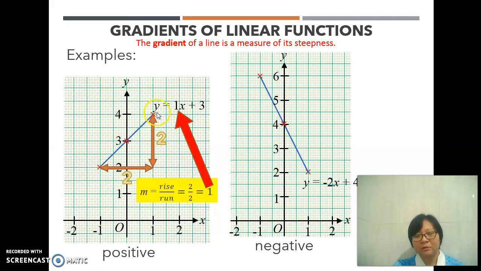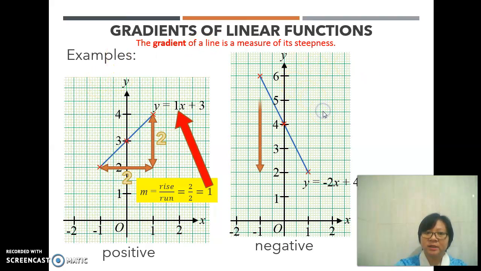Sometimes the question or the problem that you are going to deal with is that the equation is not given, so you need to find the equation here. The equation of the graph is not given, so you cannot find the y-intercept and the gradient just by looking at the equation.